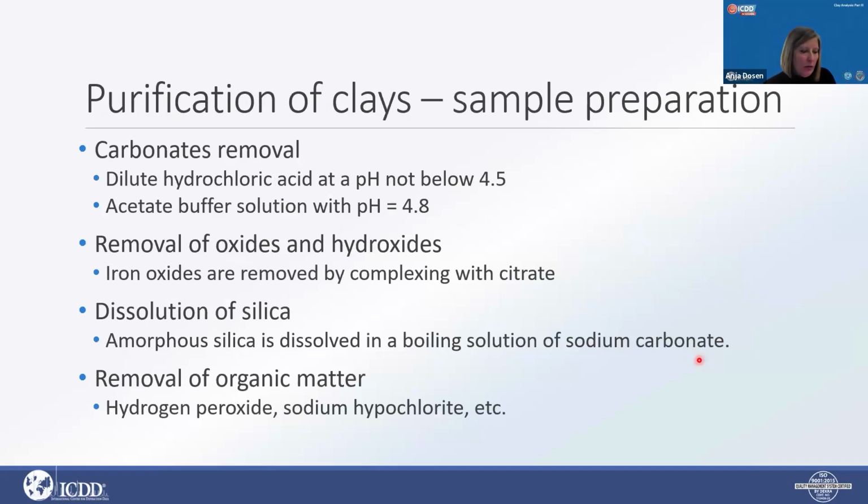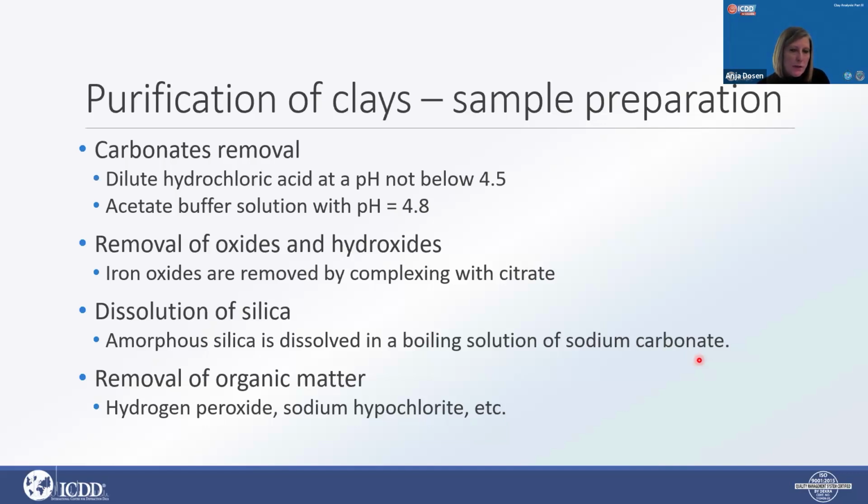So purification involves, as I said, removal of unwanted minerals. We can just go over some here. These are the most common ones. We can remove carbonates, for example, by using dilute hydrochloric acid or an acetate buffer. We need to pay attention to pH. All of these methods are published, so you can go to the literature and take a look.